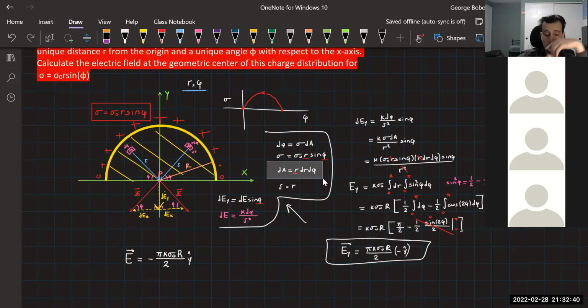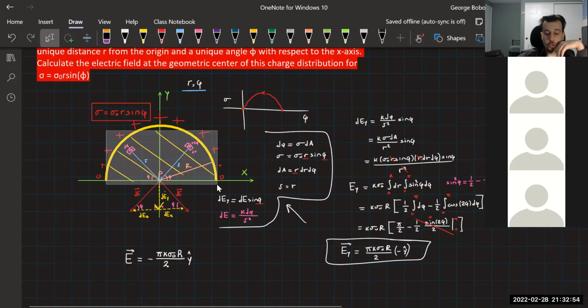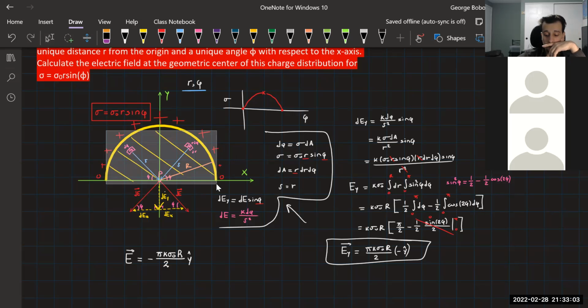So that's step number 5. Step number 6. This sigma, state it. That's step number 6 right now. State what the sigma is. Because, yeah, it's given here. But what if they told you right now that you deposited charge Q on this, and it's uniformly distributed? You'd have to calculate sigma in terms of that Q. How would you calculate it here?